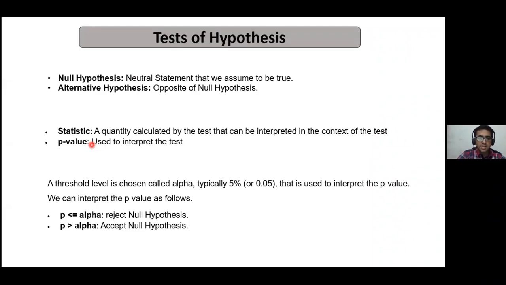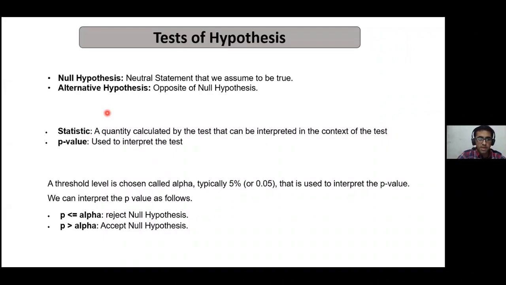The second major point in testing of hypothesis is the statistic. Given the data that we have, we calculate a statistic, and that statistic can be interpreted by the p-value. The data can be normal, non-normal, any distribution as such, depending on the data that we have.